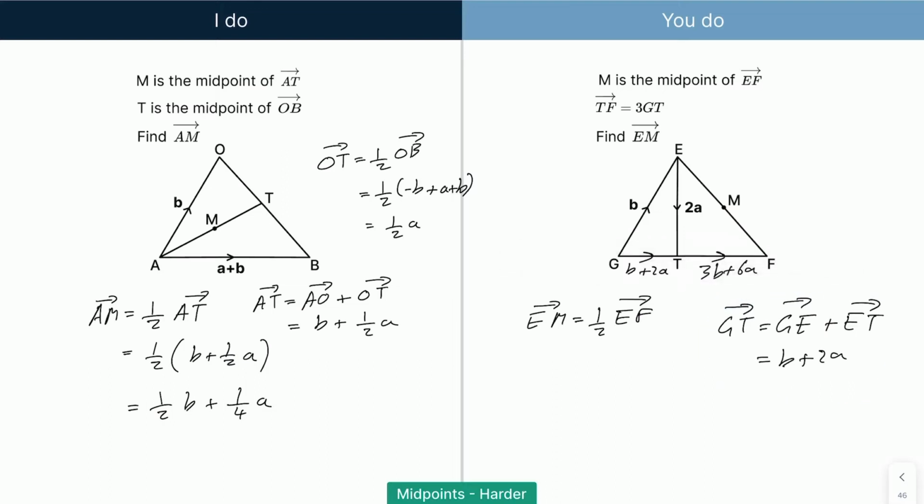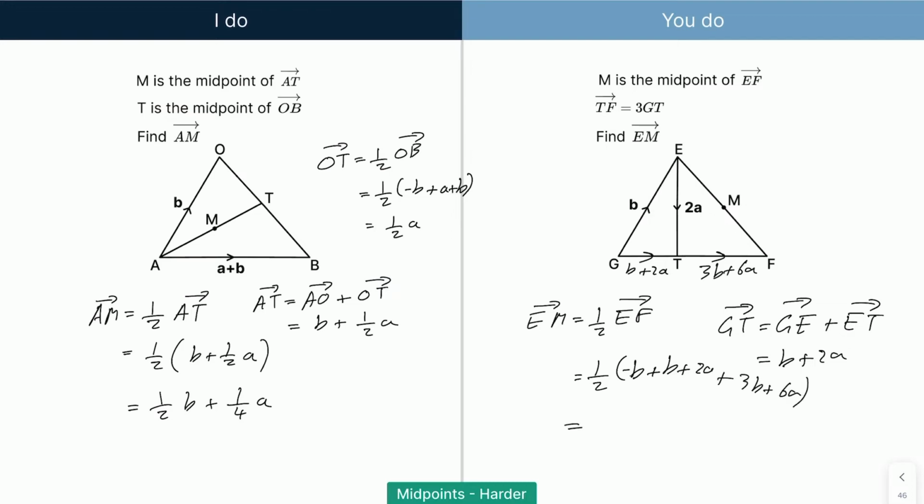Okay, so we need E to F. So how do you go from E to F? Well, to go from E to F, you just go down this way and then this way. So E to F will just become E to G, which is negative B because we're going in the opposite direction, plus B plus 2A plus 3B plus 6A.